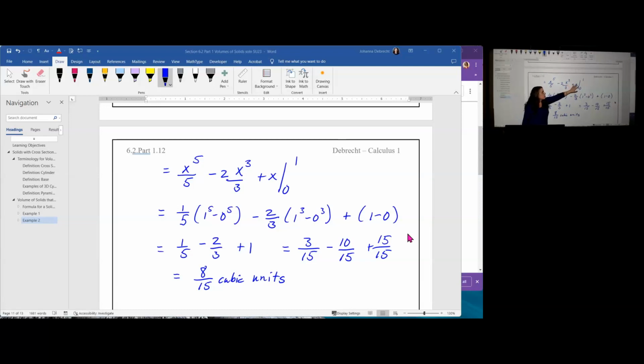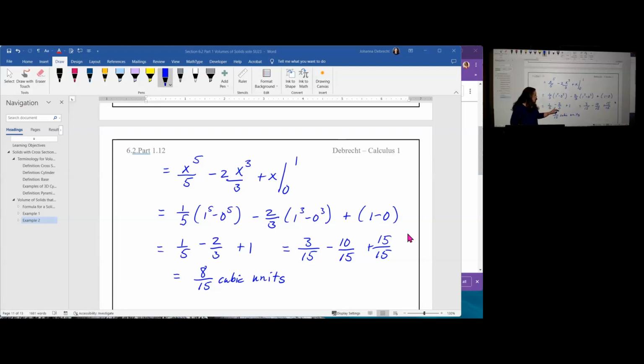Because each term has the variable x in it, when I substitute 0, they're all going to turn to 0. In that case, you really don't need to write that part. You could just instead substitute the upper limit of integration. To be safe, I went ahead and wrote it out long ways, but when I'm working for myself, I wouldn't write the 0 part because I know it's going to go to 0.